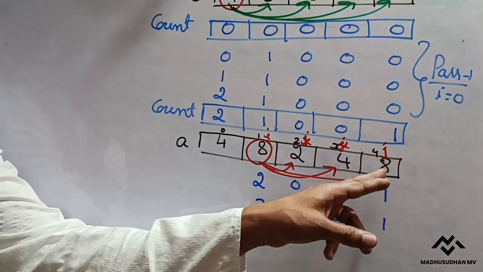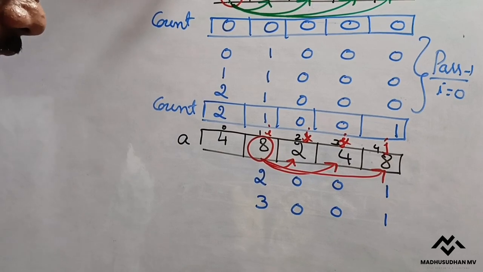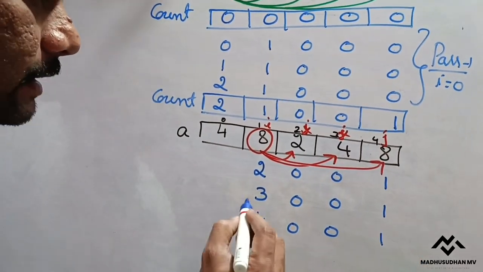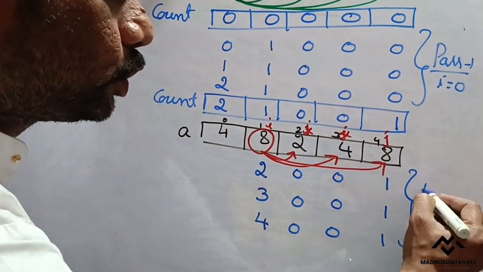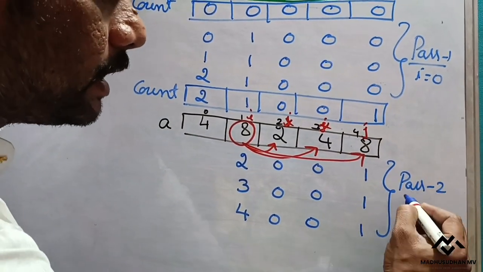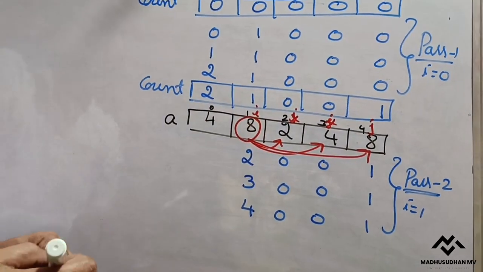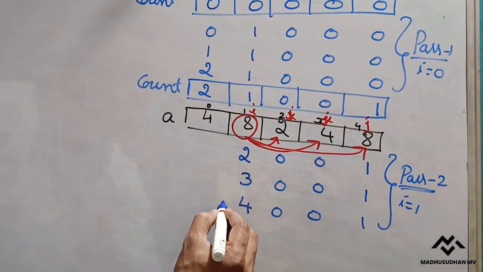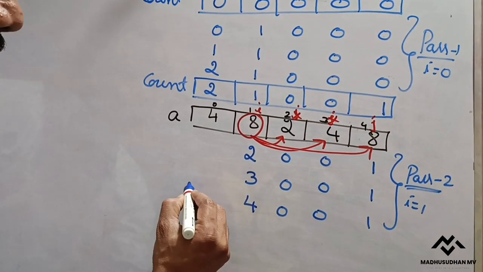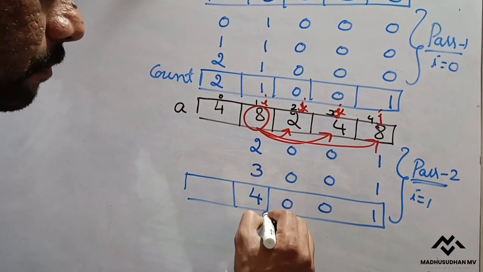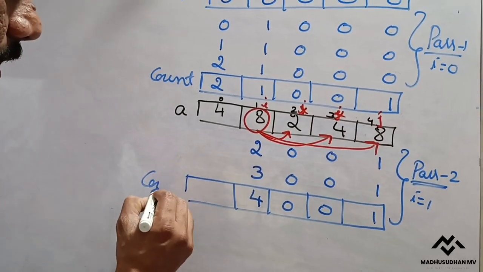False, so it is not lesser, so this only I will increment, and this becomes 4, 0, 0, 1. This is pass 2, that is when i is equal to 1, the first position. This is my final count after pass 2.